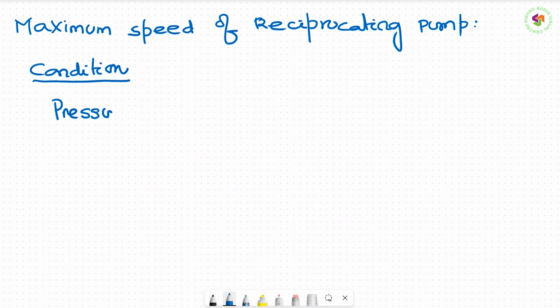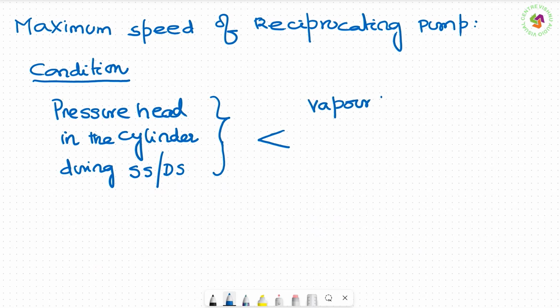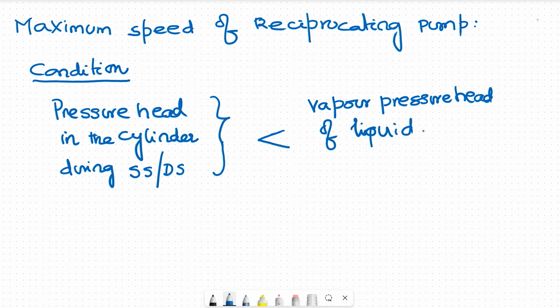The pressure head in the cylinder of the reciprocating pump during suction stroke or delivery stroke should not fall down below the vapor pressure head of the liquid flowing in the suction pipe.